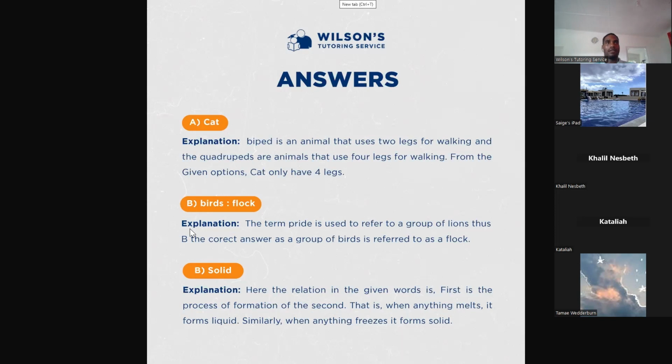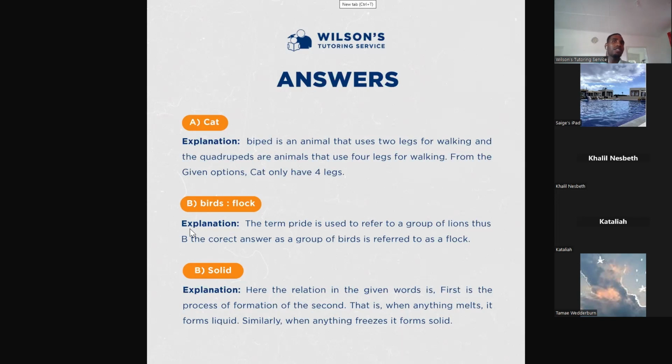For B, where we had lions to pride, the explanation for this one says that pride is used to refer to a group of lions. Thus, B is the correct answer, as a group of birds is referred to as a flock. The next one where we had melt is to liquid.